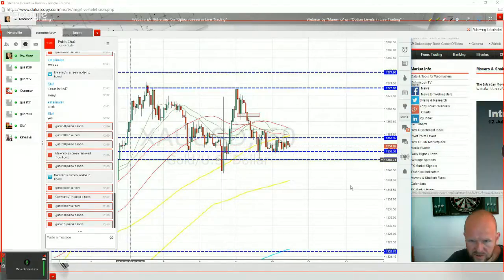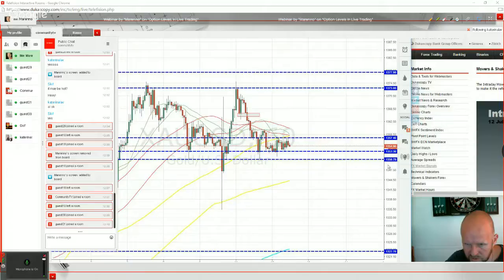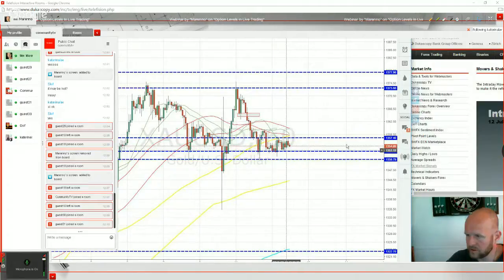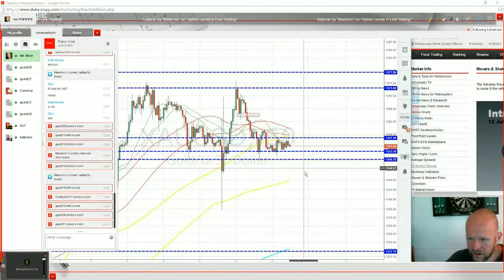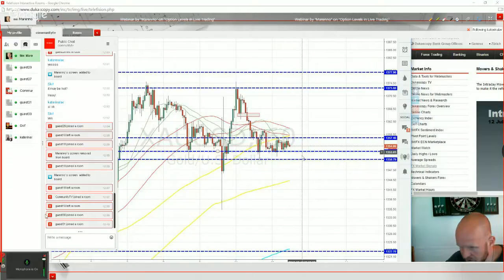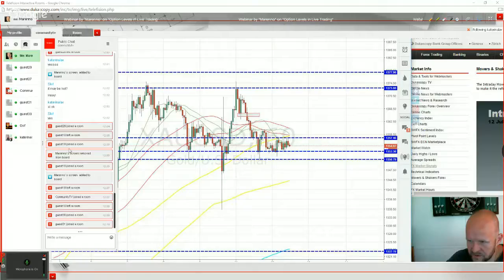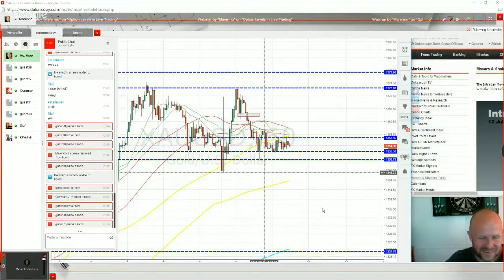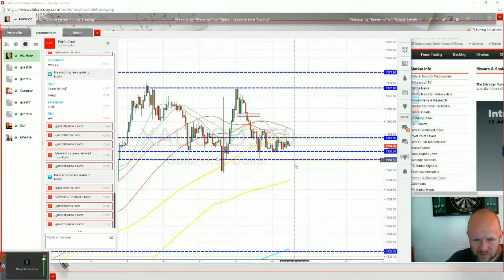If we have a strong bullish reversal pattern at the area of 1350.79, it will be a very good signal to buy. By the way, hello guest 30, hello guest 31. Lots of guests.